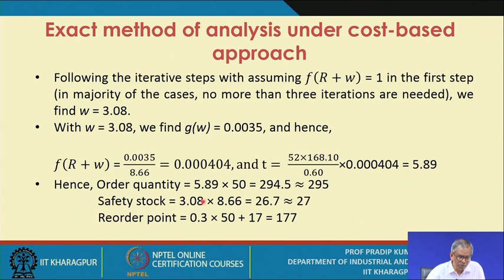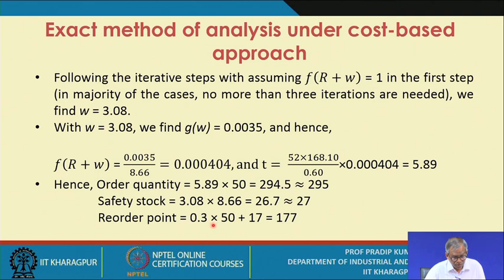Safety stock is 3.08 into 8.66, that is 26.7, approximated as 27, and the reorder point is 3 into 50 plus 27 equals 177.